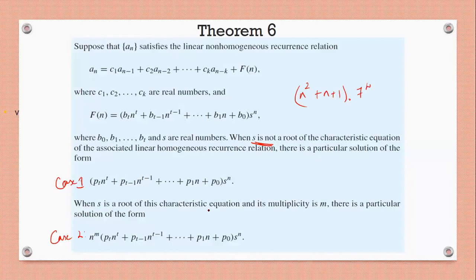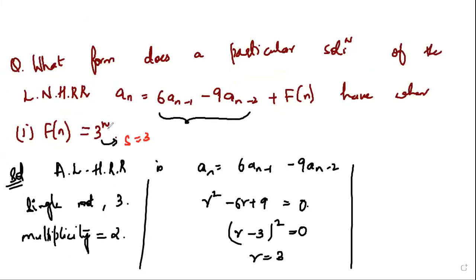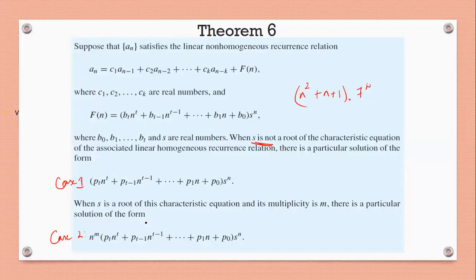When s is a root of the characteristic equation and its multiplicity is m, we have to use this case. Now, do we have any of these terms in our f(n)? No, we don't. We don't have b0, b1n. We don't have any constants associated with 3^n. In our problem we simply have 3^n. So when writing the solution, we don't need any of these terms except p0.